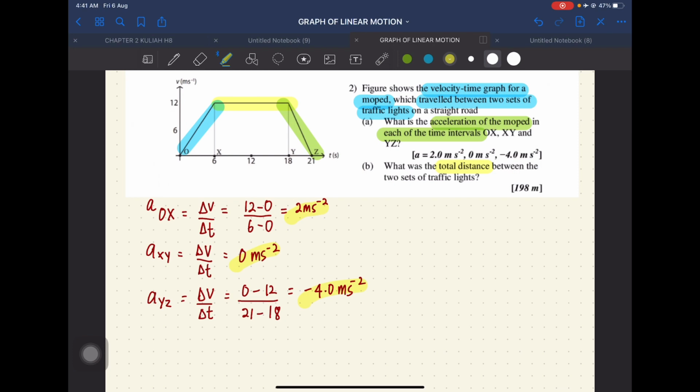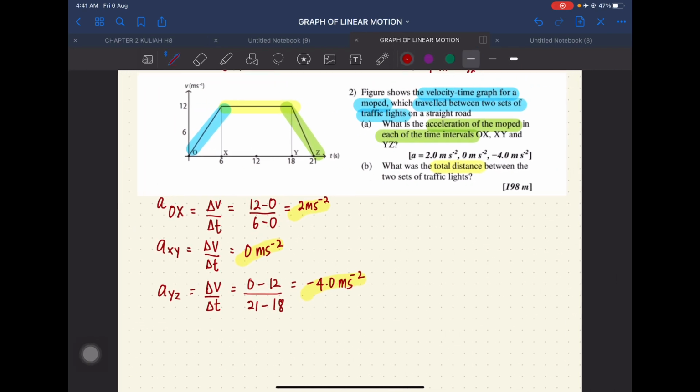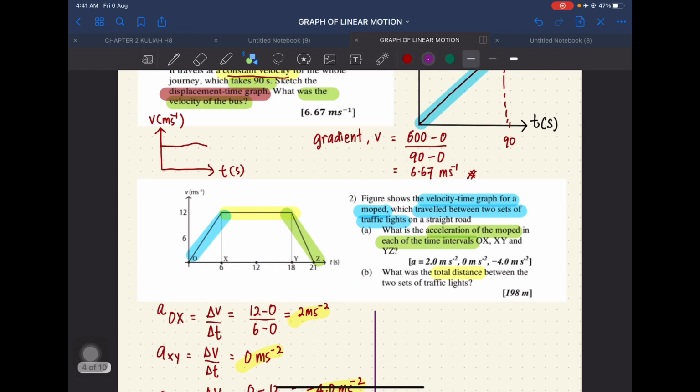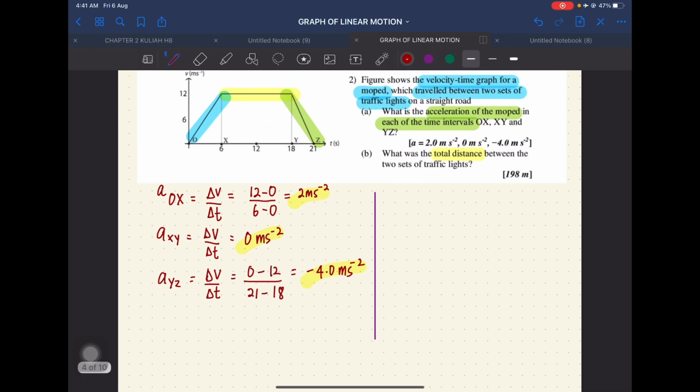Alright, so to find total distance. Okay, how to calculate total distance? Total distance means the area under the graph.